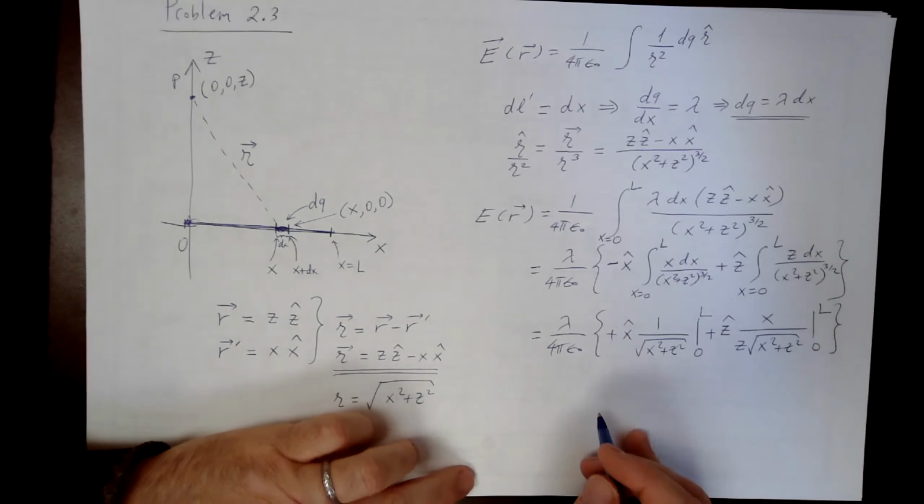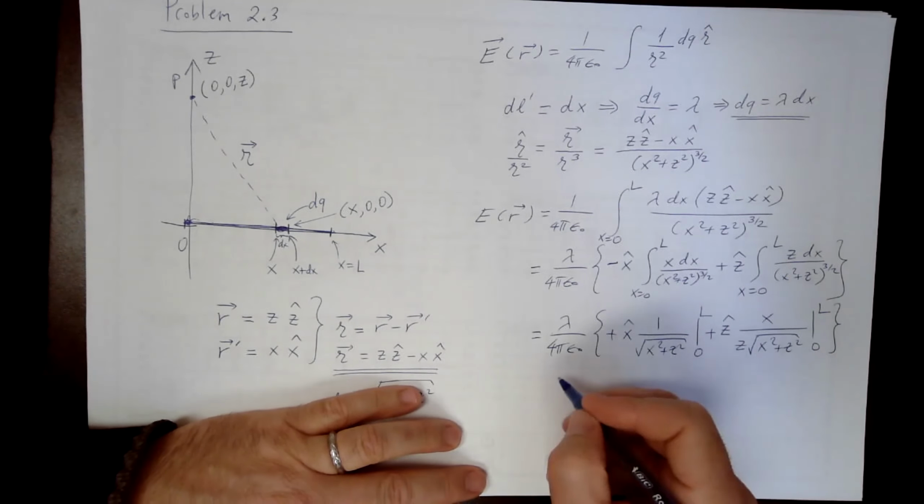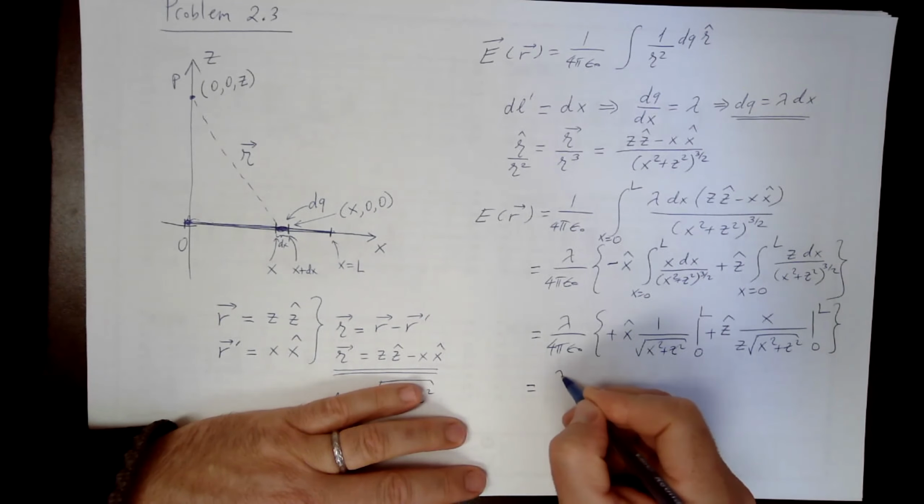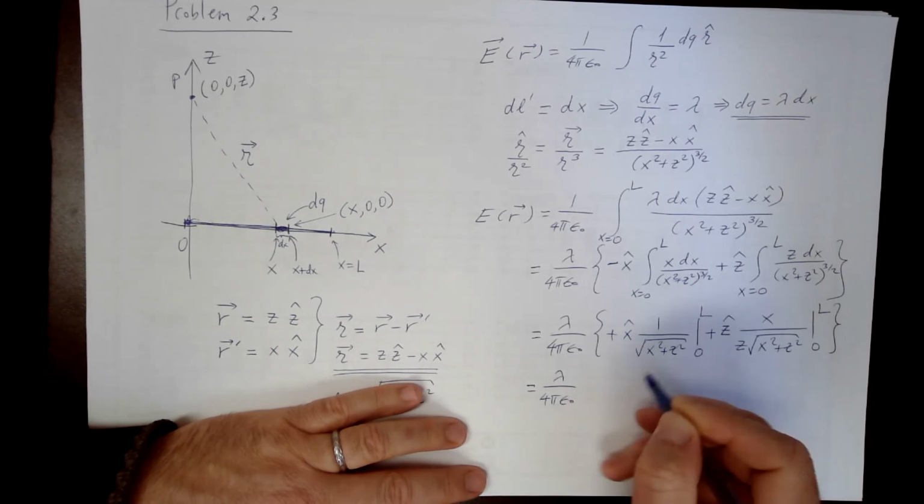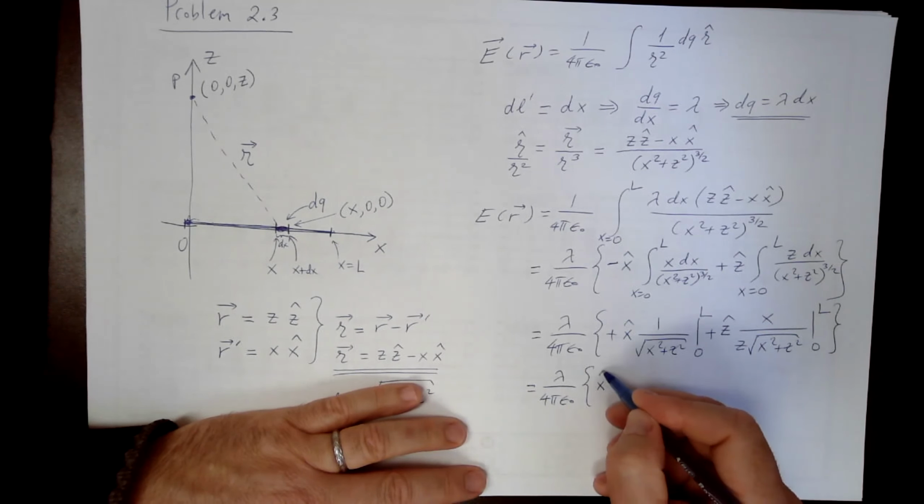All right, let's finalize it. Here now I'm going to evaluate these. Lambda over 4 pi epsilon naught, x hat.